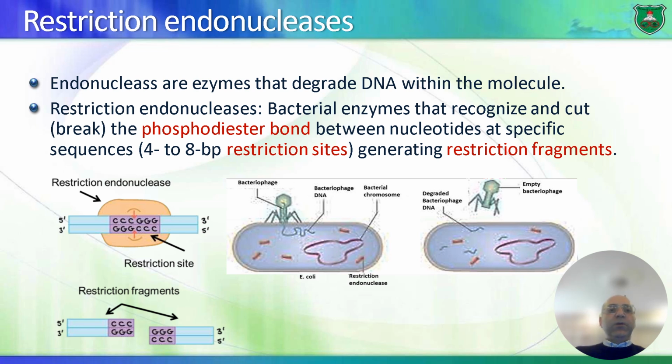So restriction endonucleases are bacterial enzymes that cleave DNA. And what they do, basically, well, they recognize restriction sites, short DNA sequences, and they cleave within these sites, forming restriction fragments. Okay, and these are natural enzymes that exist in bacteria.